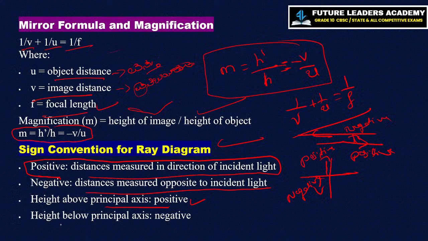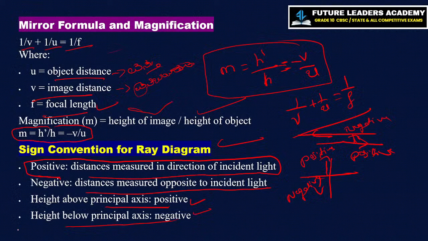I mean, height below the principal axis is negative, and above is positive. Okay, getting it? Hope you are understanding clearly. I am feeling it. All the concepts are clear to you all. And suggest the videos to your friend circle, guys.